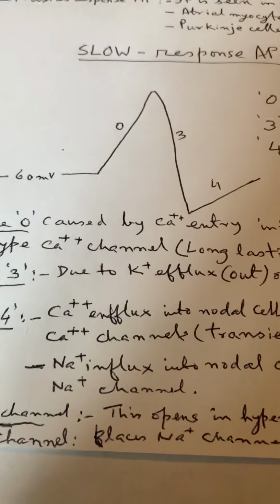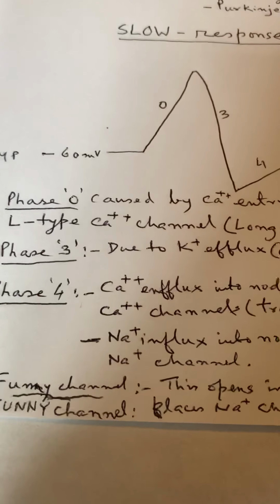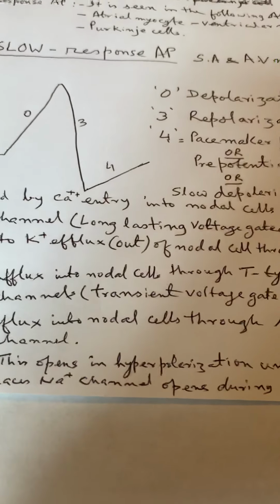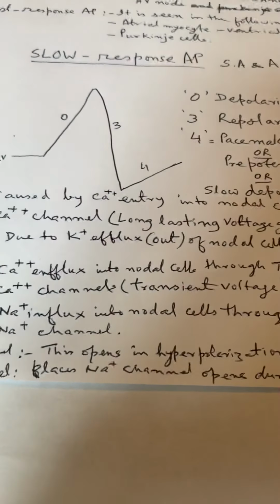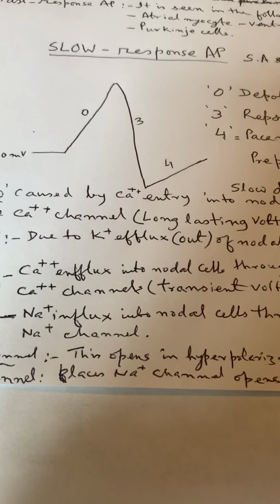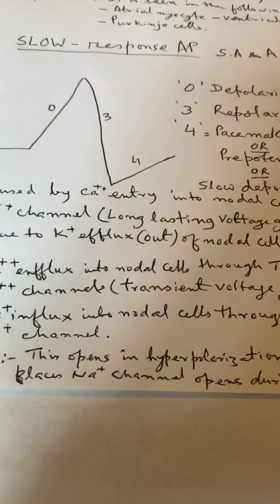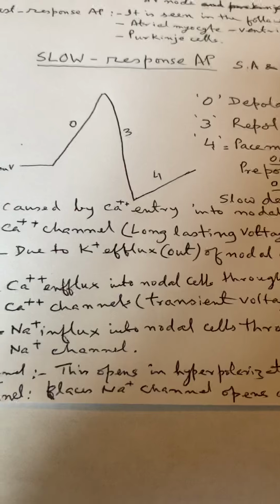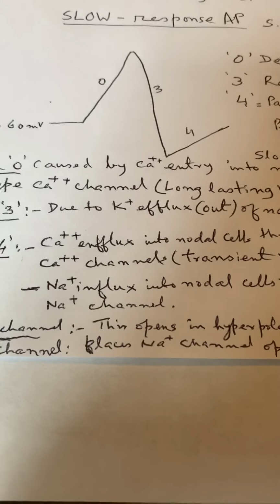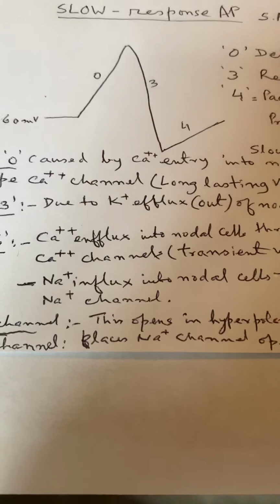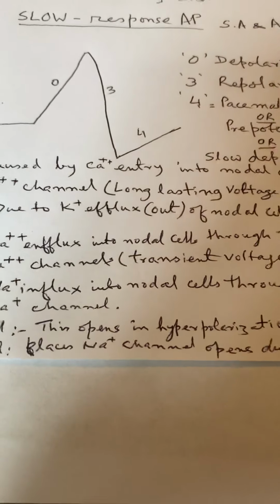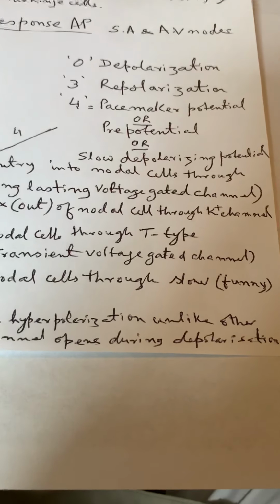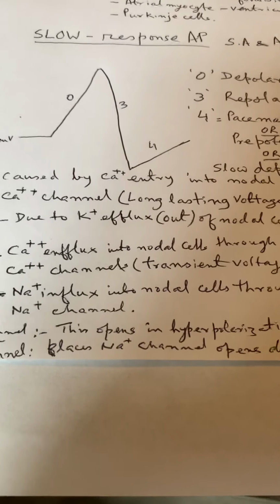Now let us come to phase 4. Phase 4 is caused by calcium influx into the nodal cell through the T type calcium channel. This T type calcium channel is known as the transient voltage gated channel. Another factor which causes phase 4 is sodium influx into the cell through the slow funny sodium channel.